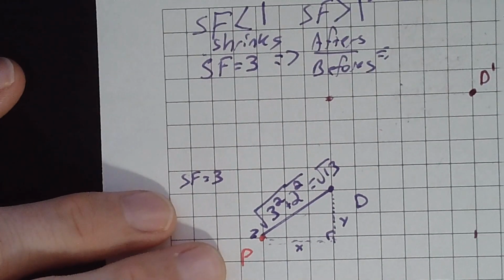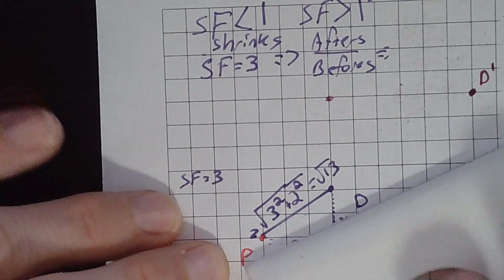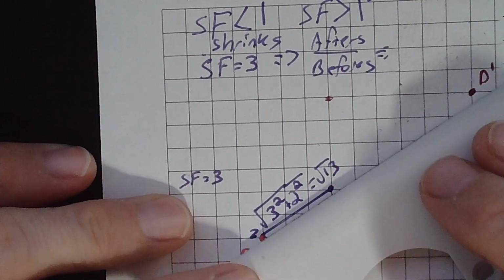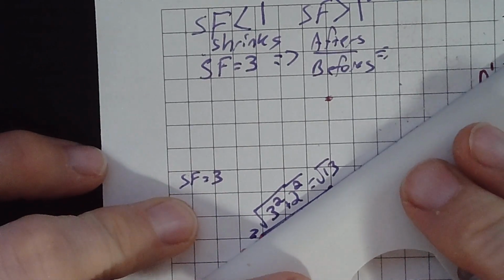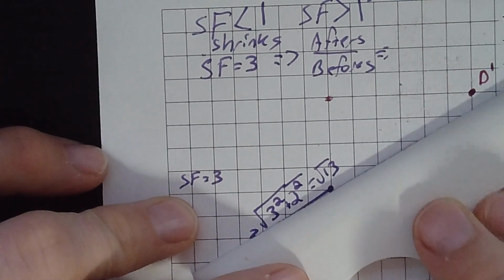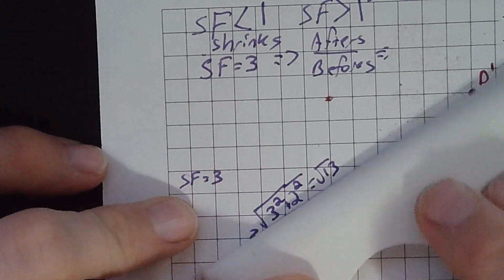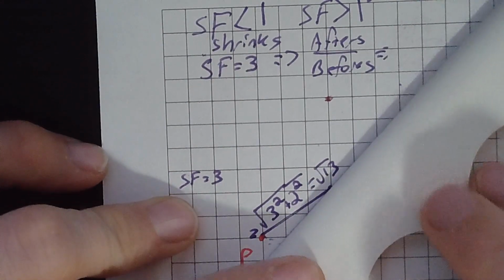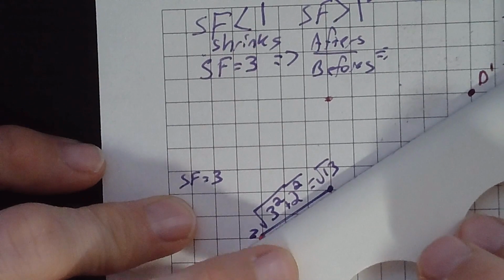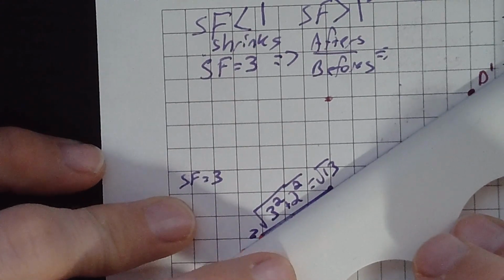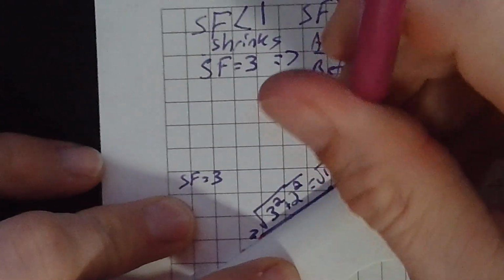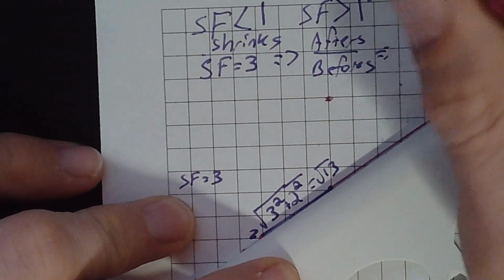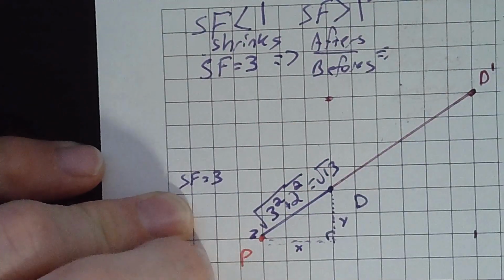Okay, so with those two combined, I should be able to draw a straight line. And if it's skewed like this or like this, you didn't do it right. So it should be a nice and straight continuation. The slope should be the same, like that.